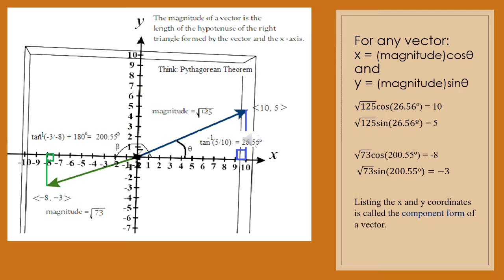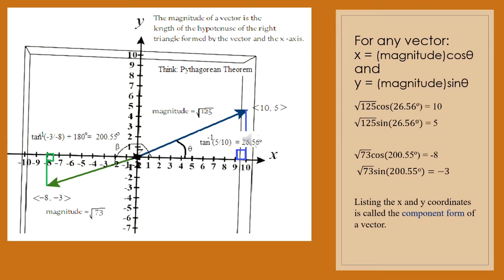Due to our right triangle definitions of sine and cosine, there's a connection between the components of a vector and the use of sine and cosine. So look at the vector with terminal point 10, 5. The x component is the adjacent side to the angle. Cosine of theta in a right triangle is adjacent divided by hypotenuse.